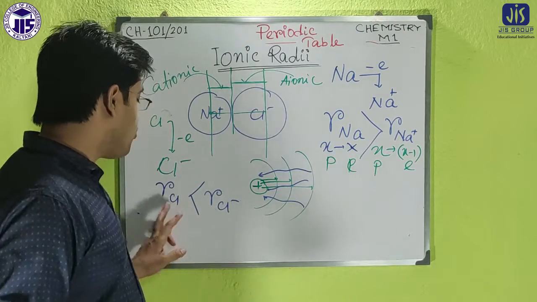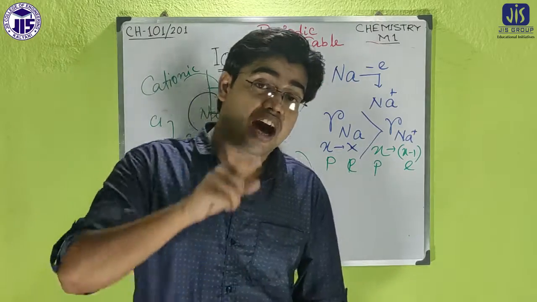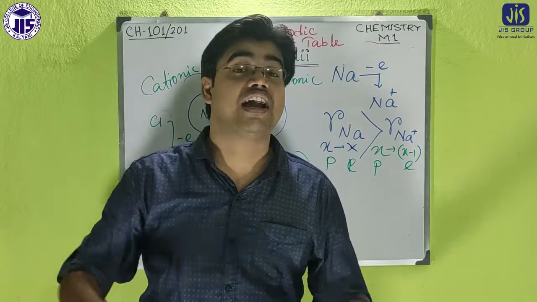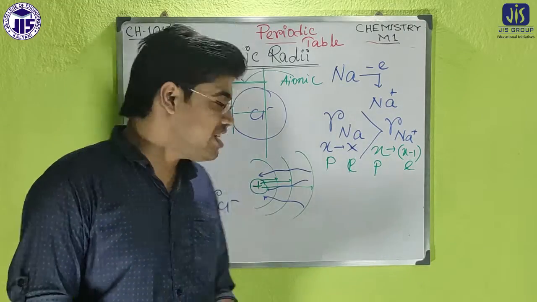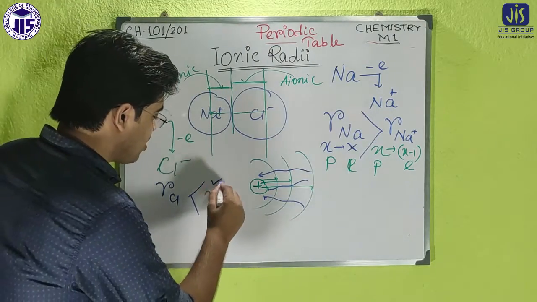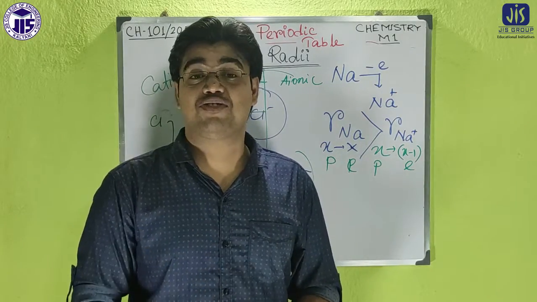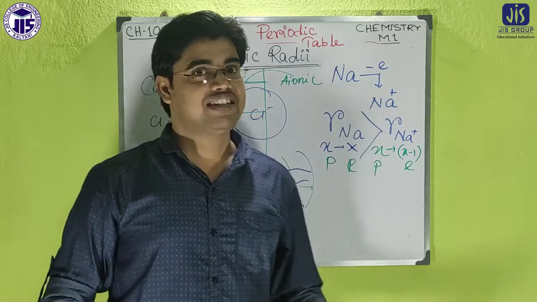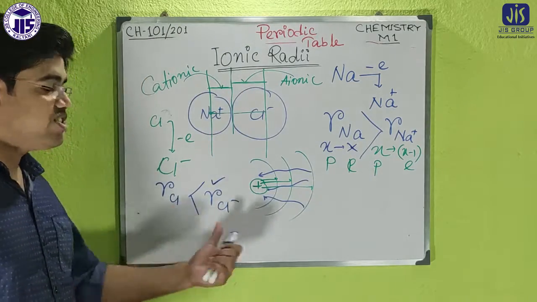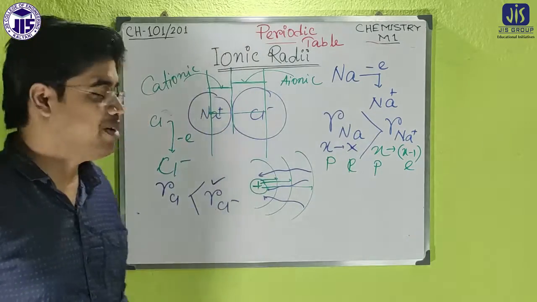Here the number of protons and electrons is the same, but in Cl minus the number of electrons is higher than the number of protons. So in the second case, look here, the lower number of protons attracts a higher number of electrons. So the attraction force will not be as strong as in the previous case. So if the attraction force is lower, then obviously its size will be higher.